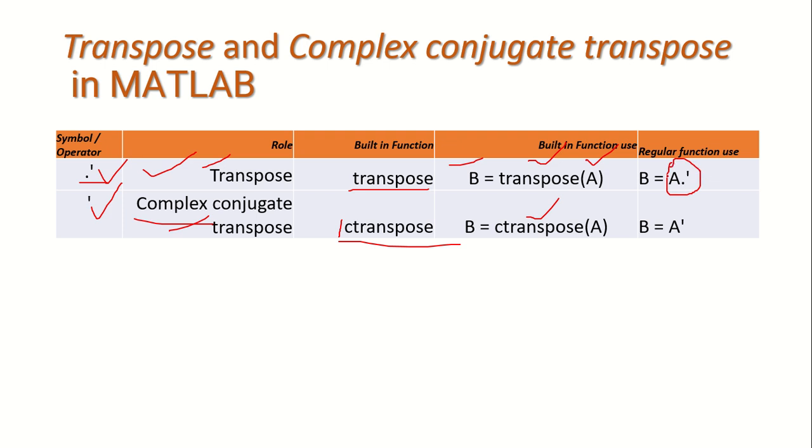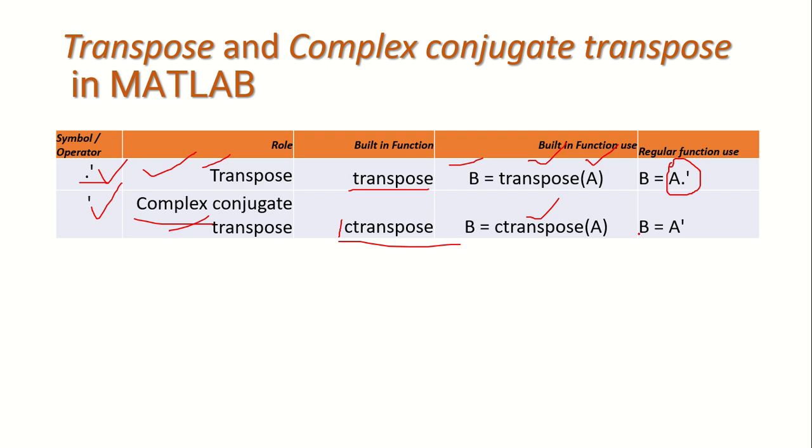Here A is a matrix, and dot and single quotation mark is an operator. This operator will perform the transpose of matrix A. So here B is the transpose matrix of matrix A, and this dot single quotation mark is the operator.